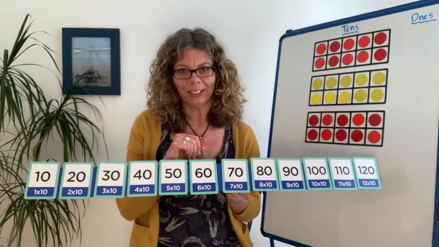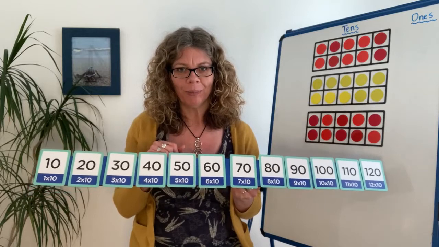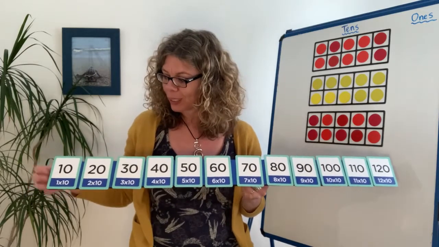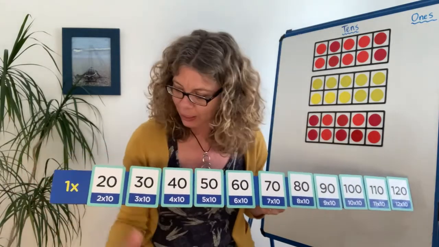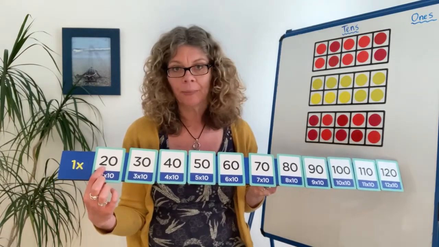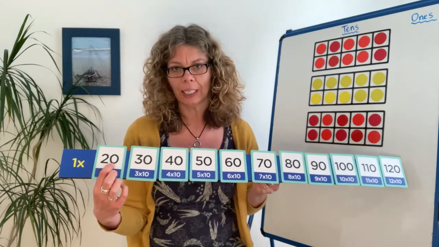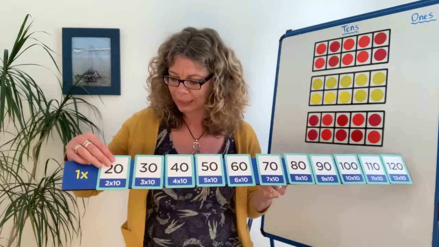Using that strategy. Okay, excellent. When you're feeling really super confident, we can start the next challenge, which is taking the cards off. So 1 times 10 is 10, we can do that. 2 times 10, so that's 2 lots of 10, so that means I've got 2 in the tens column, and I know that there aren't any ones, so it's 20. 2 times 10 is 20.